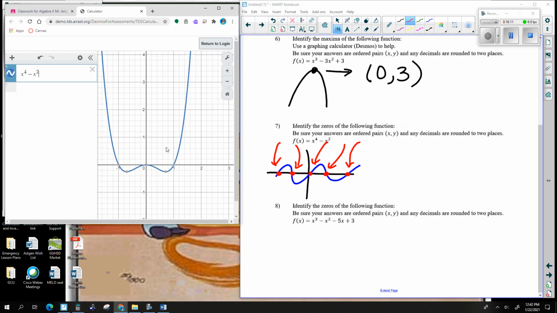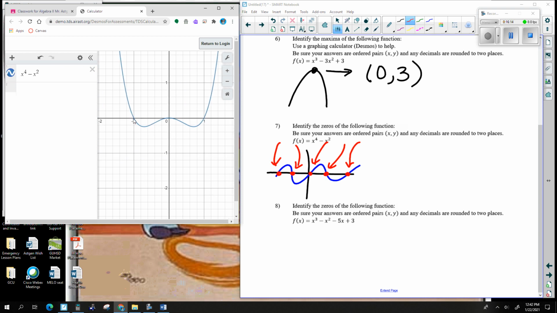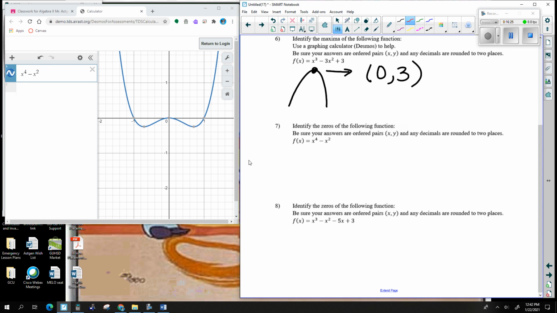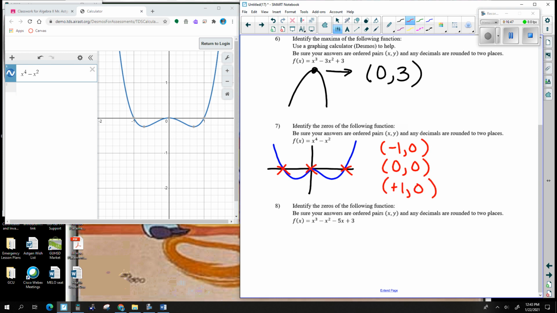I'm going to zoom in a little bit, and it looks like we have -1 and +1, and there's one at 0, too. It touches right there, and right there. There are 3 zeros, and they occur at (-1, 0), (0, 0), and (1, 0). That's where all the zeros occur.